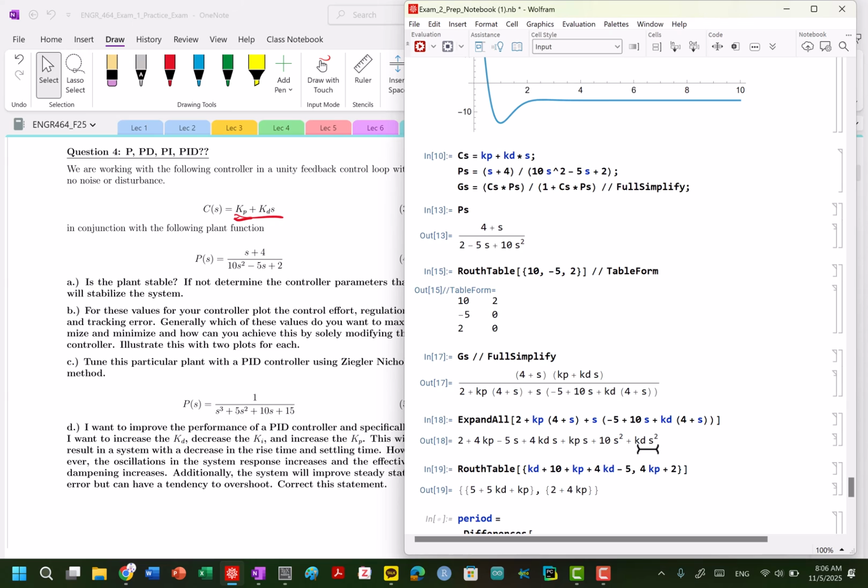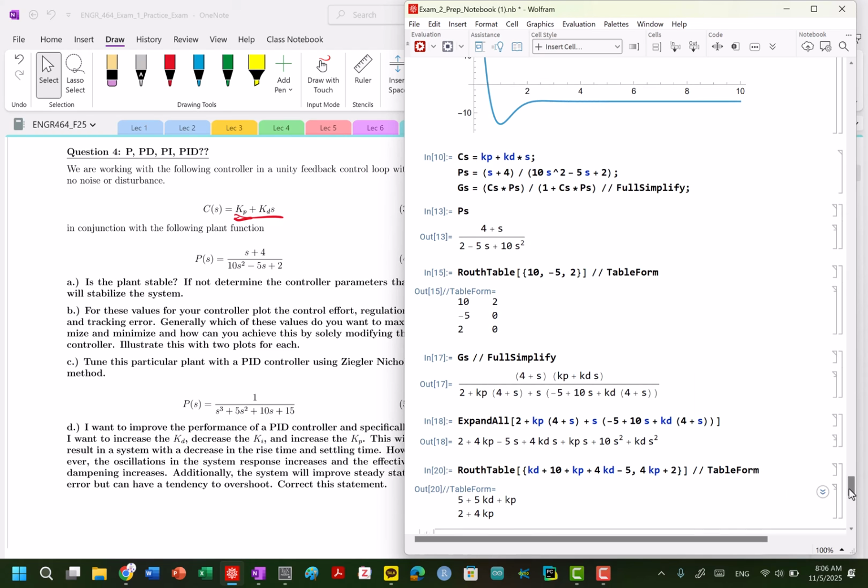This will be second order still. Excellent. So KD plus 10, KP plus 4 KD minus 5, and then 4 KP plus 2. Let's do table form. There we go. So now we have our expressions.